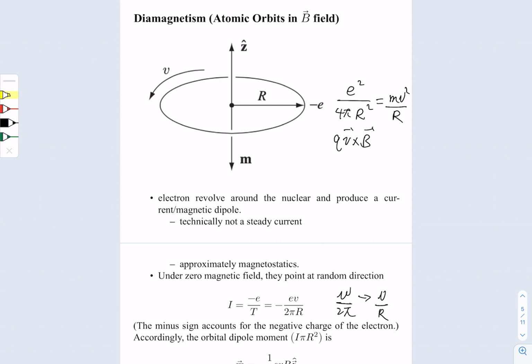So in this case, if we apply the B field along the D direction, then v on the right-hand side is into the screen, and the B is upwards, so there will be a force pushing outwards.